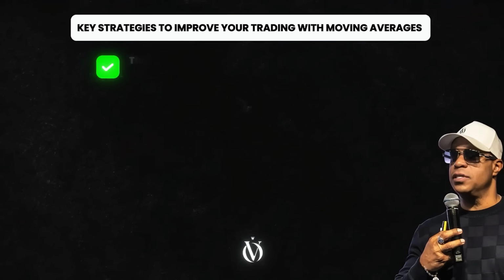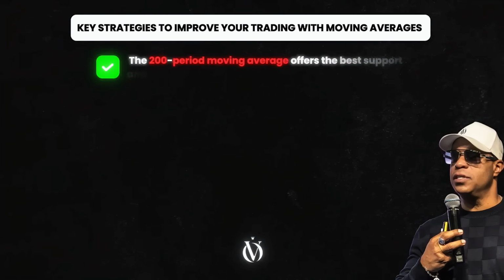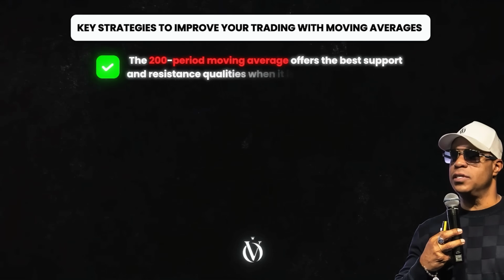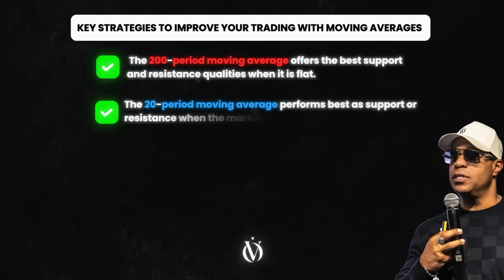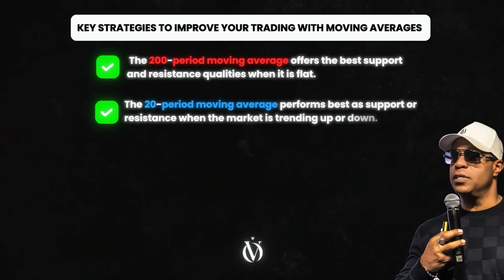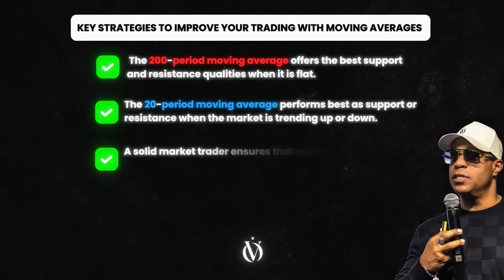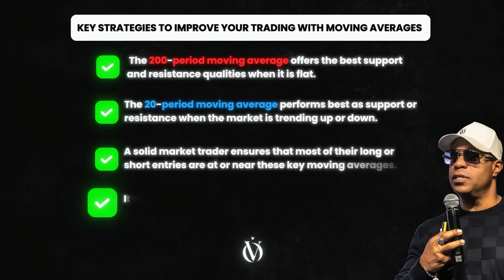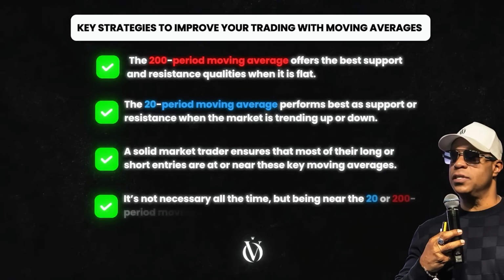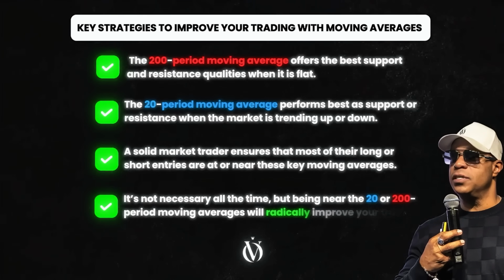If you can ensure that most of your entries, long or short, are at or near one of these two moving averages, not at all times, but at or near, you will radically improve your trading.